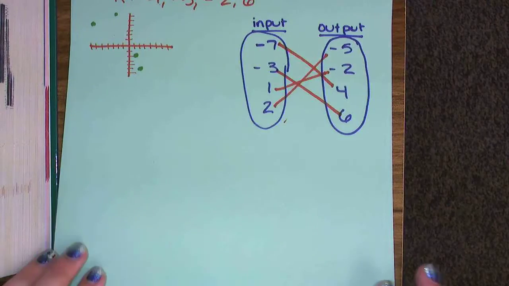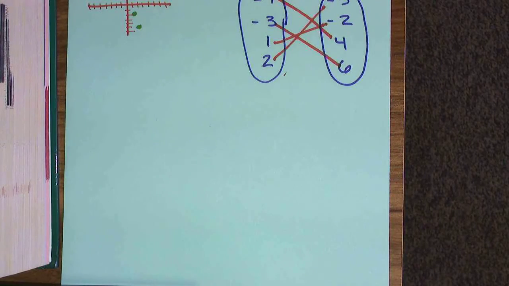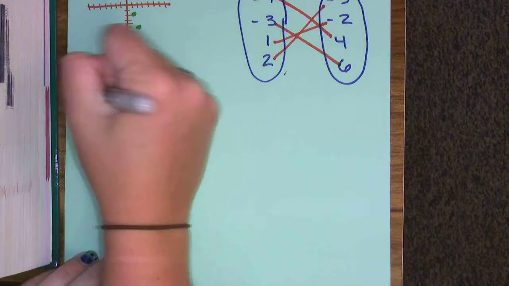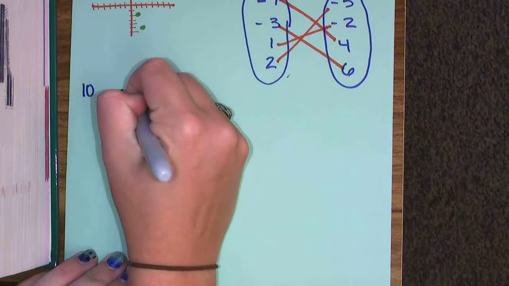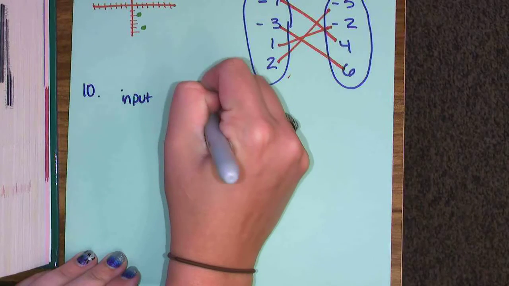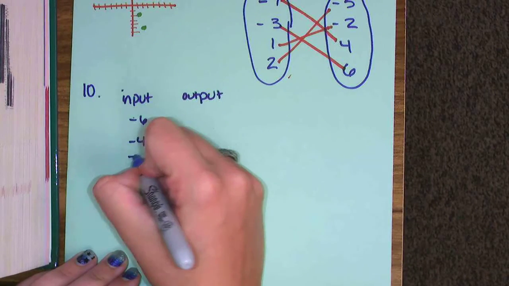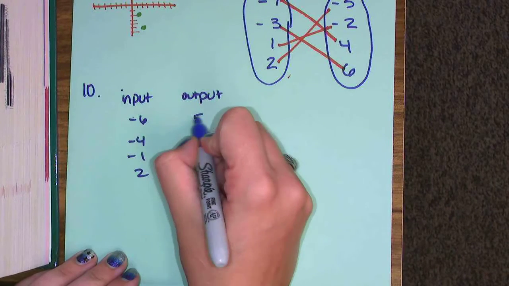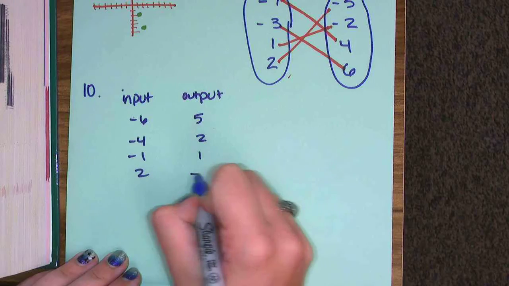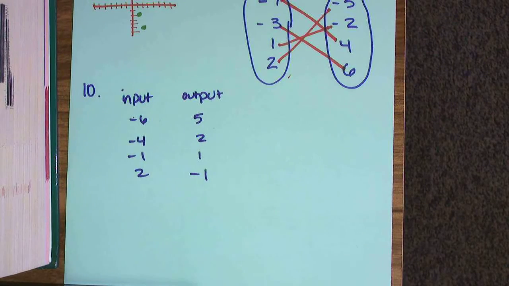So starting with number 10. Okay, so 10 gives you the input and the output of -6, -4, -1, 2, 5, 2, 1, -1, and they didn't do them in order, but that's okay.